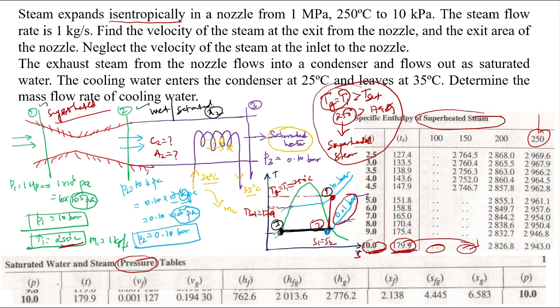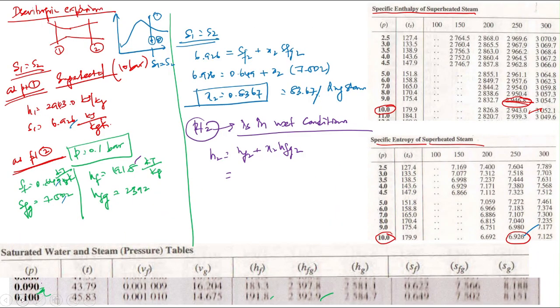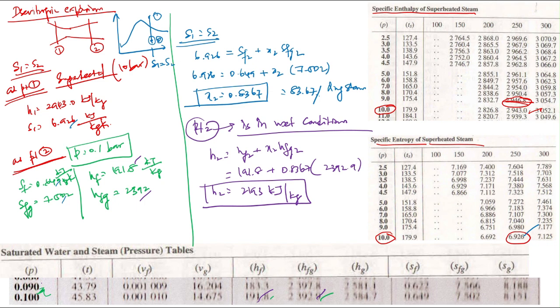HF2 and HFG2 we can write with the same values as earlier: 190.8 plus 0.8367 into HFG, which is 2392.9. After substituting the values, we find that H2 is equal to 2193.